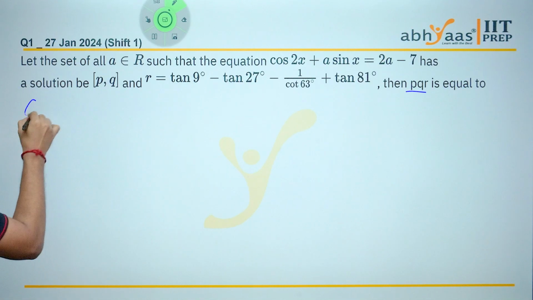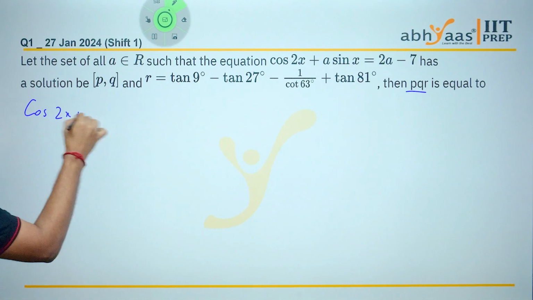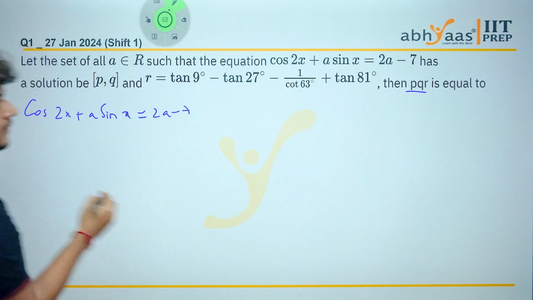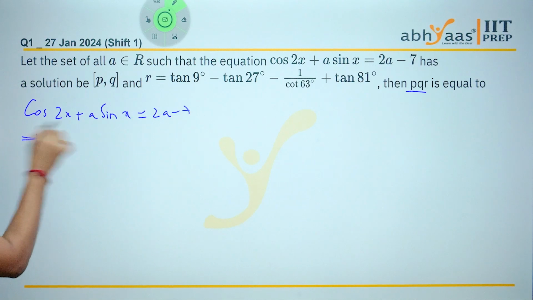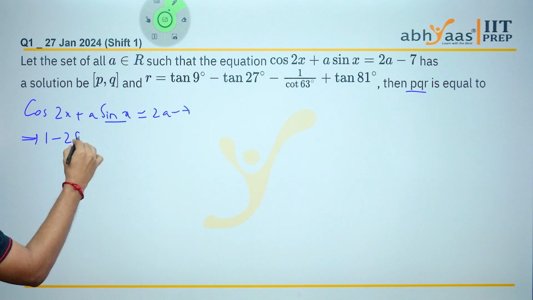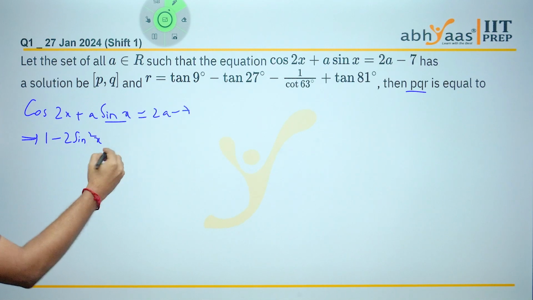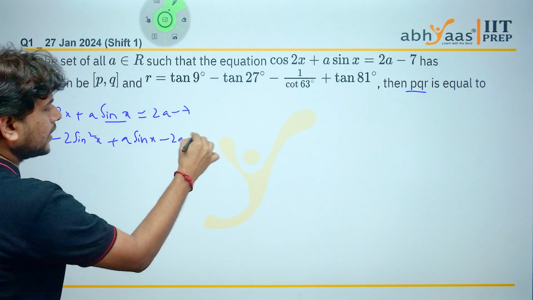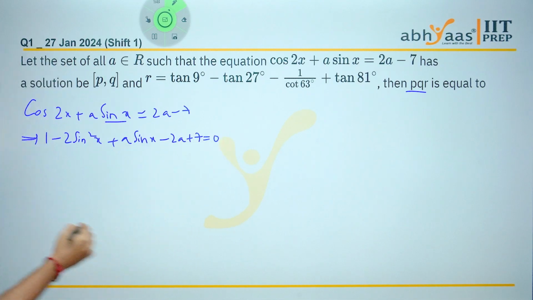So let's do this. Given cos 2x plus a sin x equals 2a minus 7. Cos 2x can be written as 1 minus 2 sin square x, because we have sin x here. This will be a sine equation. So a sin x minus 2a plus 7 equal to 0.